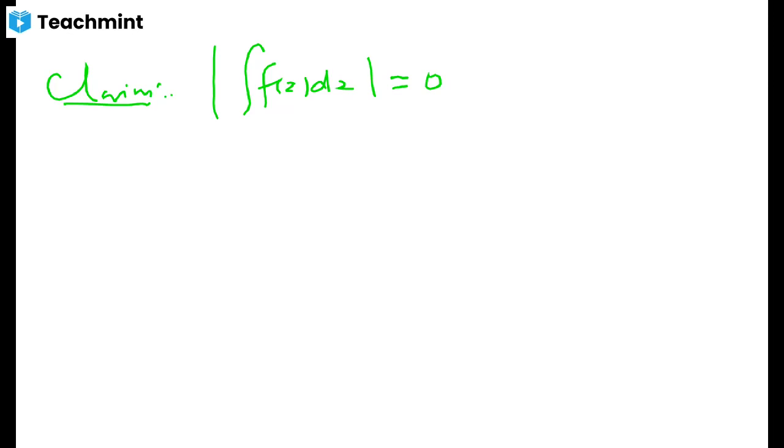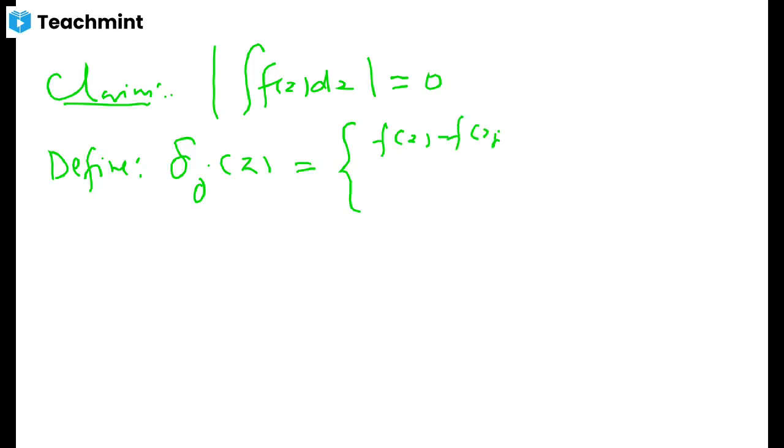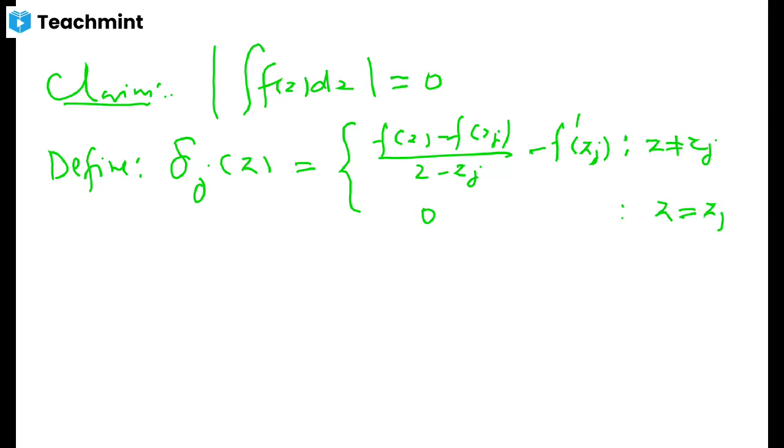Now I'm going to define a function delta z j as f of z minus f of z j upon z minus z j, minus the derivative of f at z j, for z not equal to z j, and this is equal to 0 for z equal to z j.